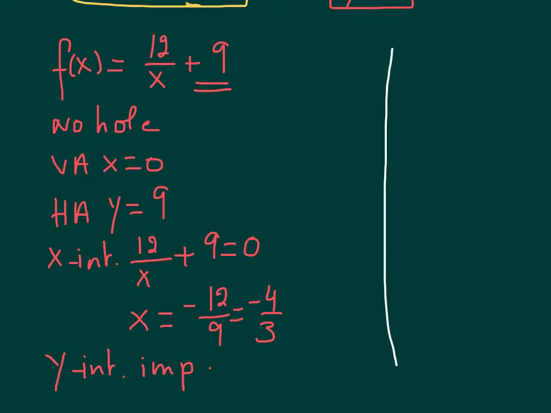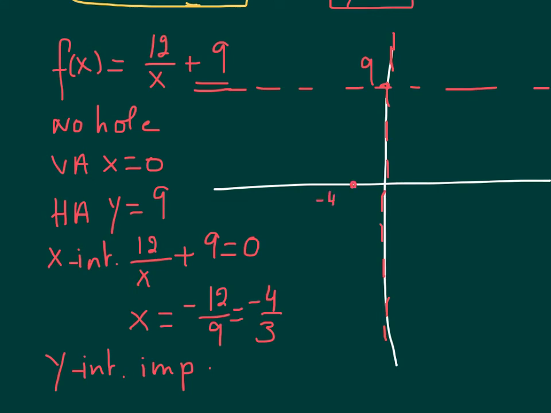To graph this function, we're going to start with the vertical asymptote at 0 and the horizontal at 9. So if the horizontal is at 9 up here, just go ahead and label. You're going to cross the x-axis at negative 1 and 1/3. Let's just pretend it's right here.